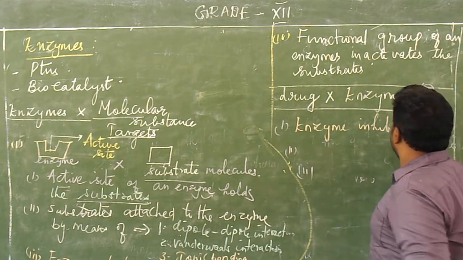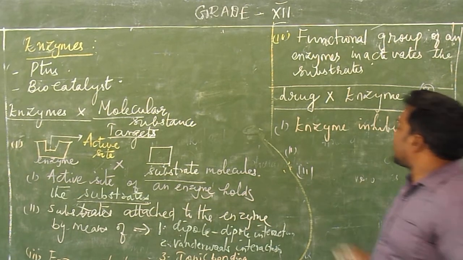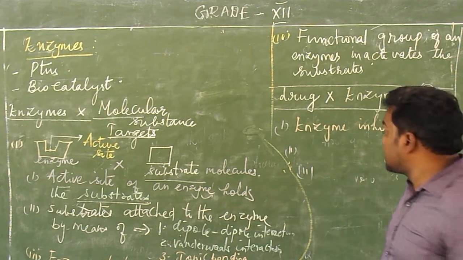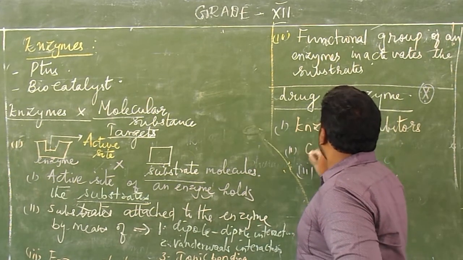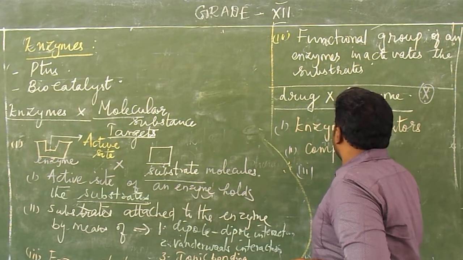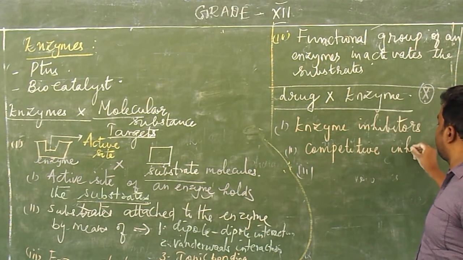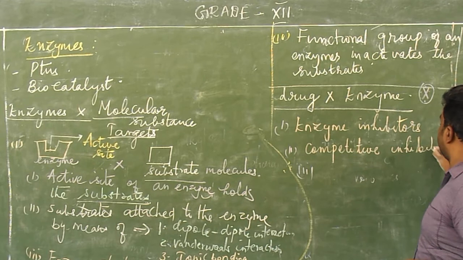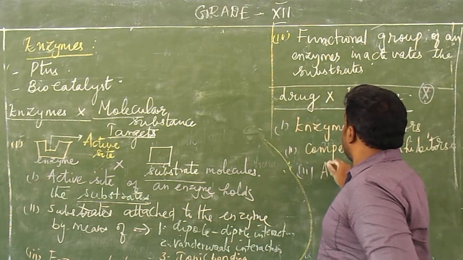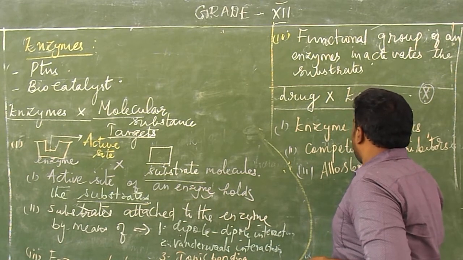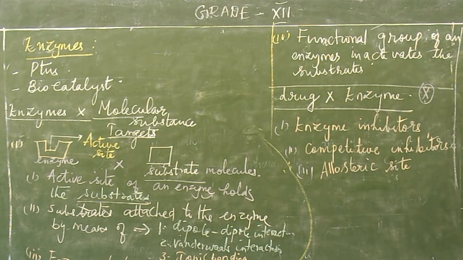The second one is by means of competitive inhibitors. The third one is the allosteric site. Now we will see one by one.